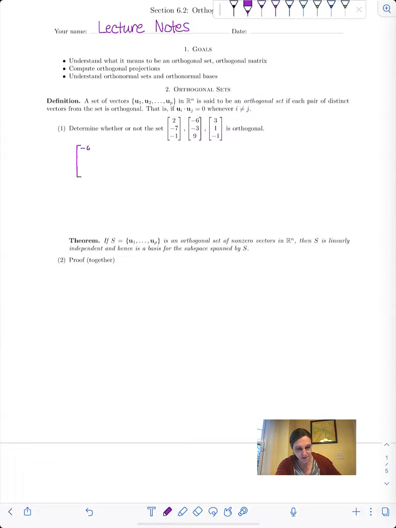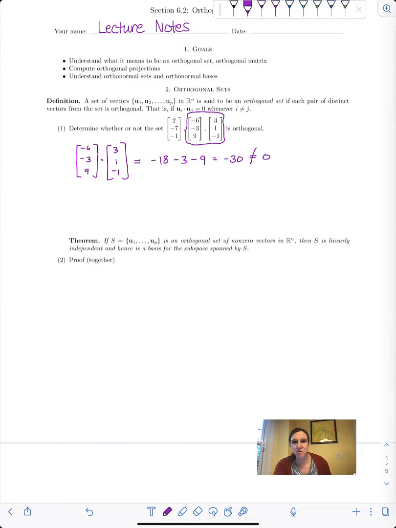And in fact, if we show that any dot product within this set is not 0, then we don't have an orthogonal set. If you look at this, the second and third vectors of this set do not have, I believe that's -30, they do not have 0 as their dot product.